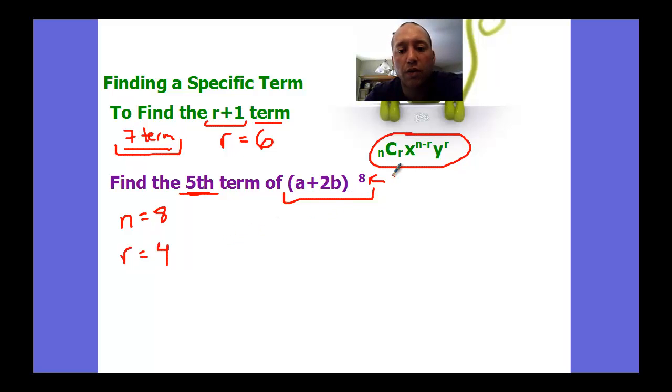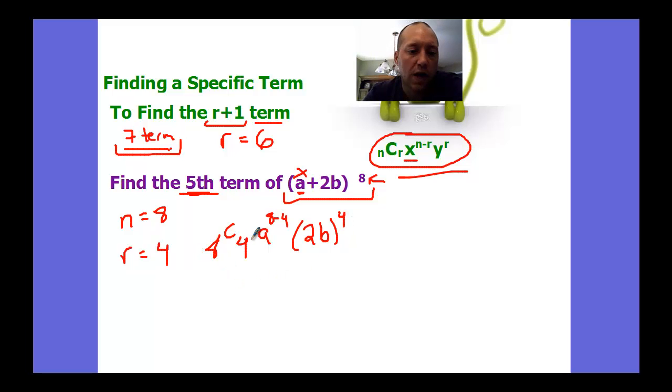And so now we can plug that into the formula for any specific term. So it's going to be 8c4, and then x right here is whatever the first term of your binomial is. So a to the 8 minus 4 power, and then times your y, which for our case is 2b, to the r value.